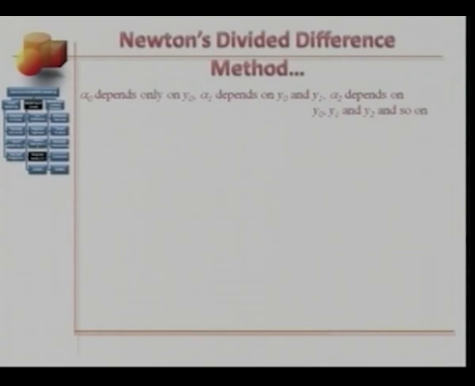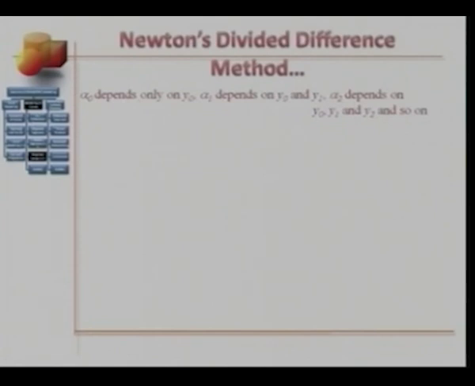Notice what alpha 0 would depend on. Alpha 0 would depend only on y sub 0. Alpha 1 would depend on the first two data points, in particular y0 and y1. Alpha 2 would depend on the first three data points, y0, y1, and y2, and so on.